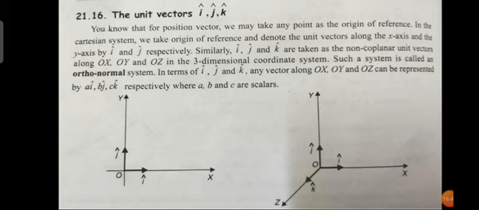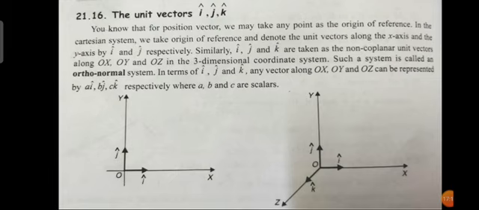A system which contains such non-coplanar unit vectors, defined along the three-dimensional coordinate system, is called an orthonormal system.